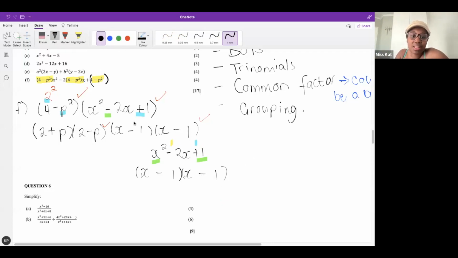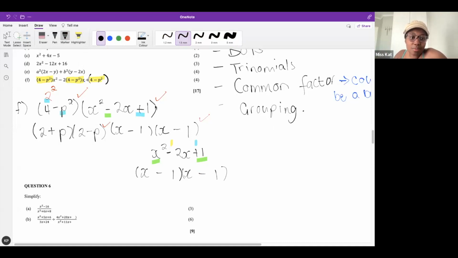Someone said, where did we get the 1 in the first bracket? Remember, we were left with 4 minus p squared over here, right? And then I told you that if you put this in brackets and you factor it out, what's going to be left? And I said to you, it can't be a 0 because the bracket wouldn't exist at all. Do you understand, Khawhelo?